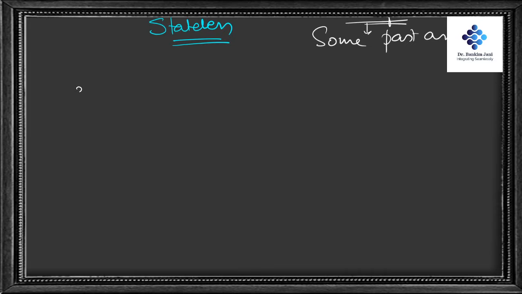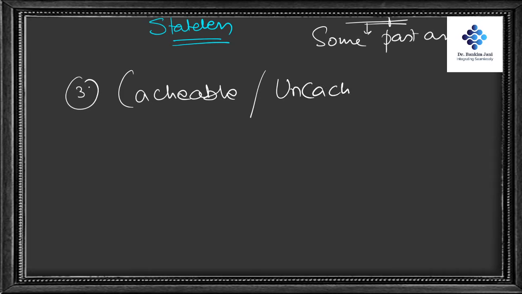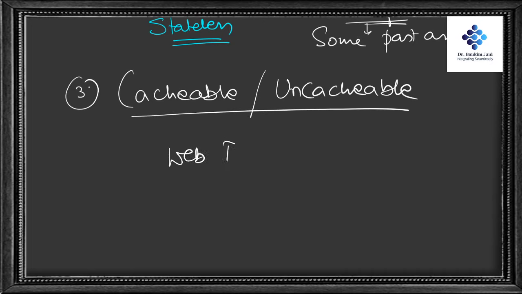So that's the second point, that this is the speciality of REST API. The third thing is that it has been marked very clearly whether this is cacheable or uncacheable. Again, to understand this, let's talk about a web browser. Truly speaking, this web browser is nothing but a blank screen, right?